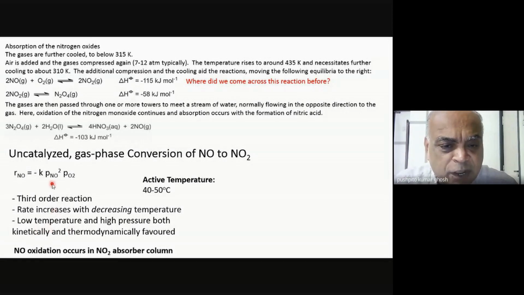So in every way, obviously this is a good situation, and that's why you would do it around say 40 to 50 degrees centigrade, which is basically 310 K. So that's how one would do it. But then because it's an exothermic reaction, obviously there will be a temperature rise. So naturally, the extraction of heat to cool it down is very important for the conversion.